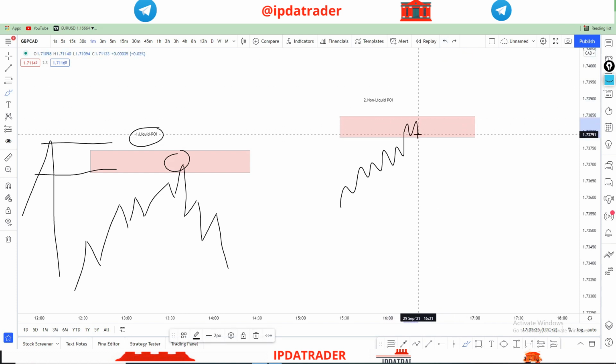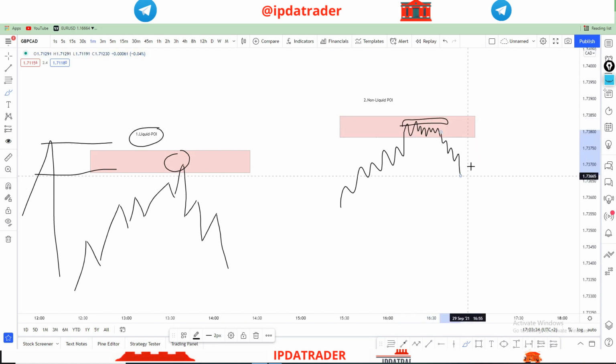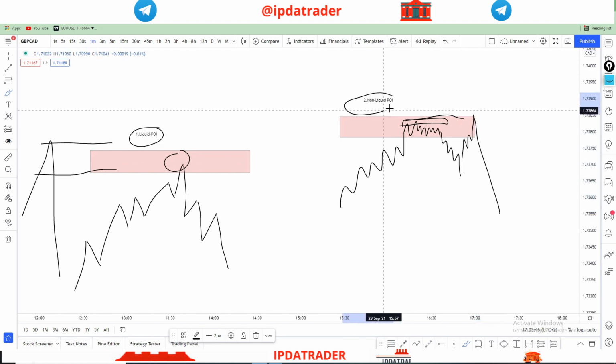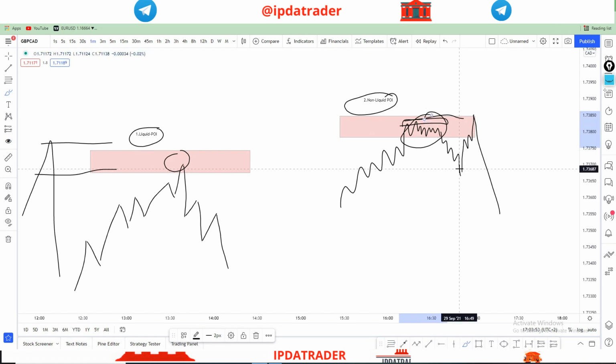So you would see price moving up and down, maybe creating some sort of fake resistance for retailers. They would maybe move away a bit. Retail will get into sells very hard. They will start selling, and all of a sudden you see that price comes very aggressively up, takes the high out, and then moves down. Because it was a non-liquid POI, and they needed to engineer the liquidity first so that they can then stop those people out and continue selling.